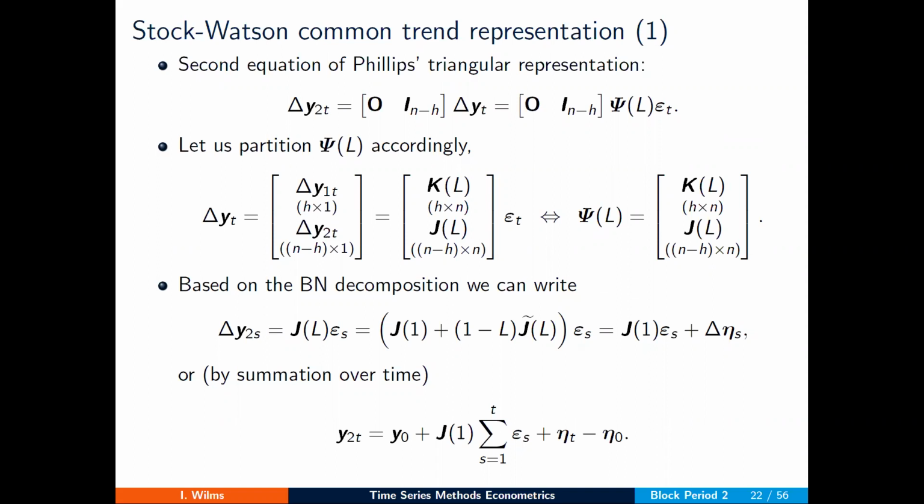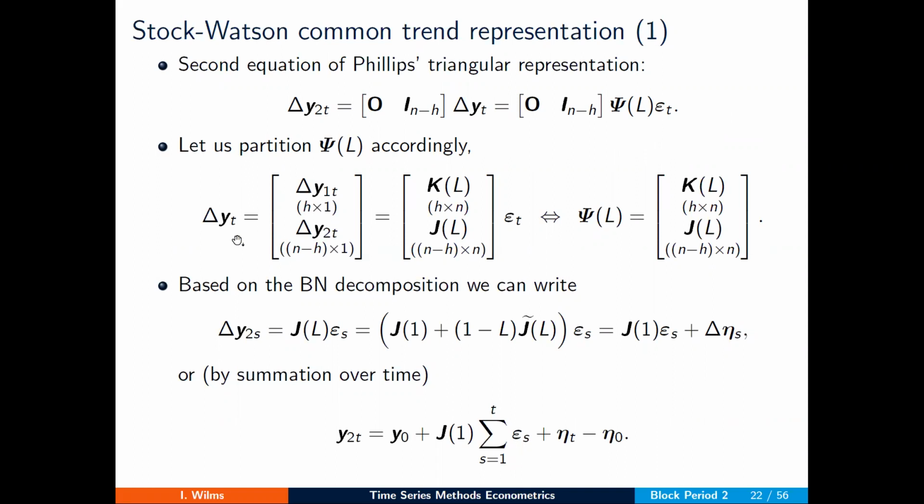Let us now look at the Stock and Watson common trend representation. To arrive at this representation, we start from the second equation in Phillips triangular representation. And we will now use the same partition into our lag polynomial Psi(L) that operates on our error terms.